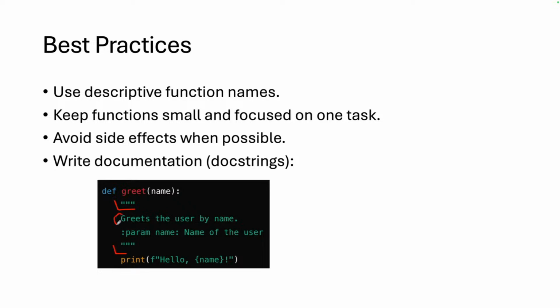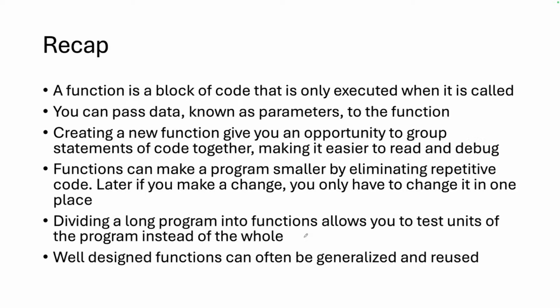Anything in here is ignored by the program. This is not code. It doesn't get executed. It's called a multi-line comment, and it enables us to tell other programmers, hey, I made this greet function. Here's what it does. It accepts these types of parameters, but that's a bit of an advanced topic.